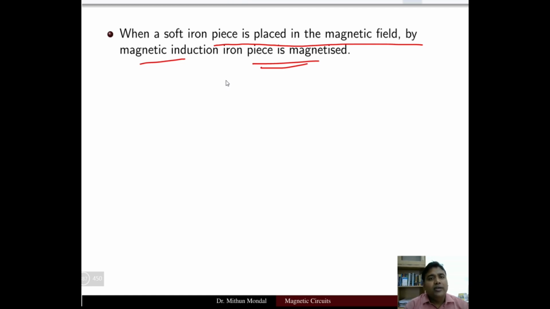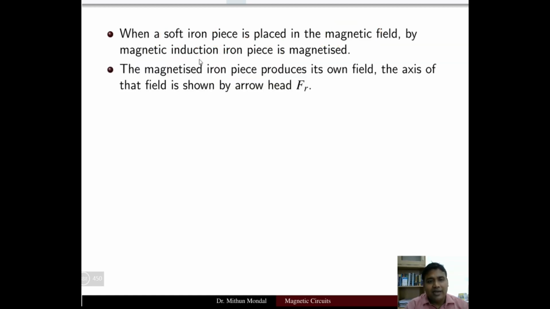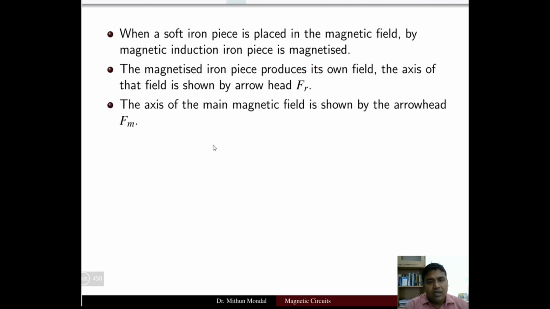Now let us look into the basic principle of why it has happened. When you put an iron piece in a magnetic field, due to magnetic induction the iron piece will be magnetized. This magnetized iron piece produces its own field, given by Fr, and the axis of the field is shown by the arrowhead Fr. The axis of the main magnetic field is shown by Fm.